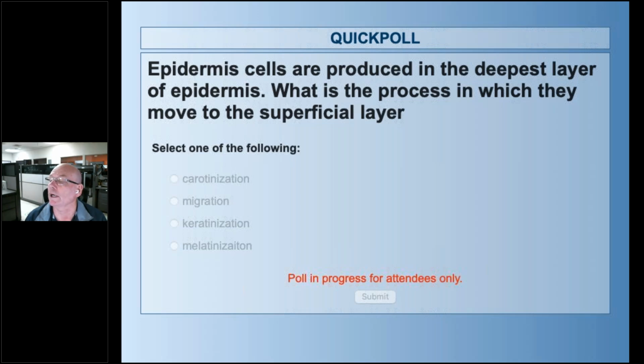I see people are answering in the question panel, but try to click on the button that you think is the answer. If you can't click, let me know in the question panel.